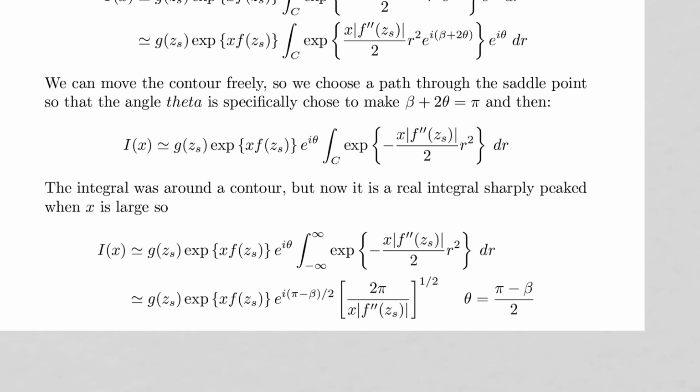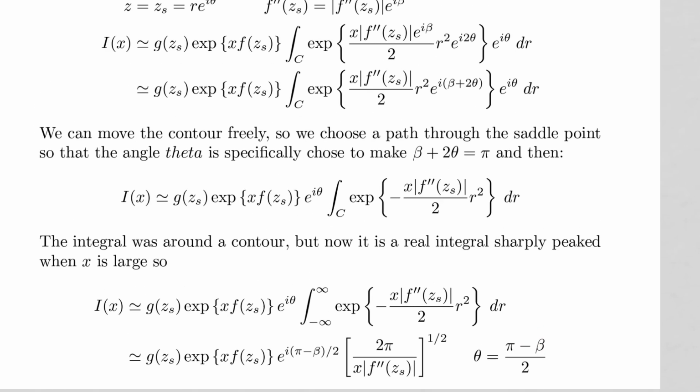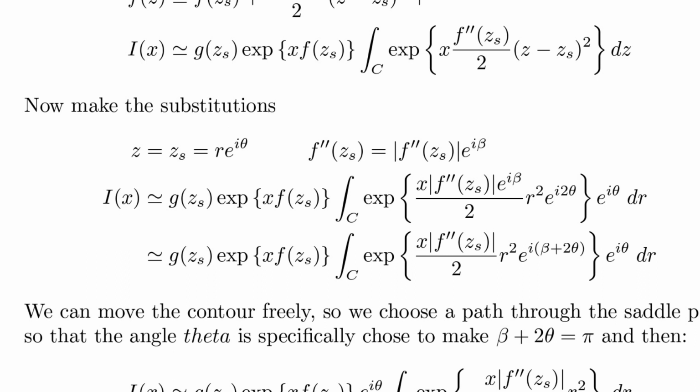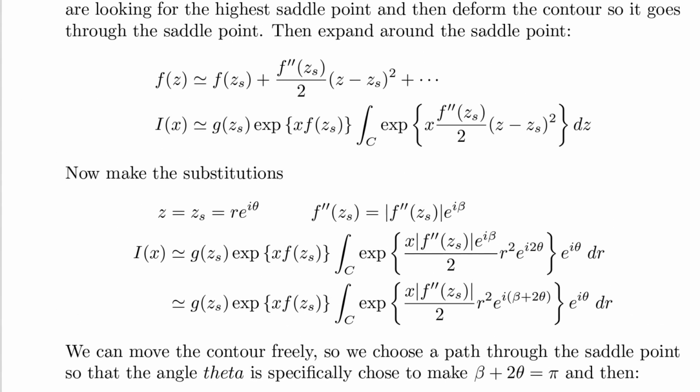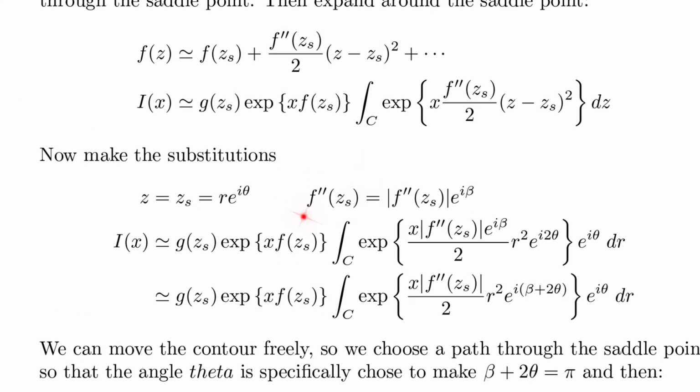This is so formulaic that you've got to try to remember what all these things are. Theta is the angle that we go through the saddle point. Cool. What was beta again? You have to go back and remember how we derived this. We found that the second derivative of our analytic function, the one in the exponent, we call a magnitude.